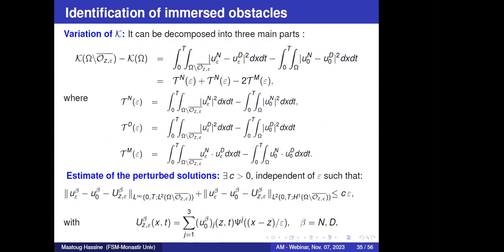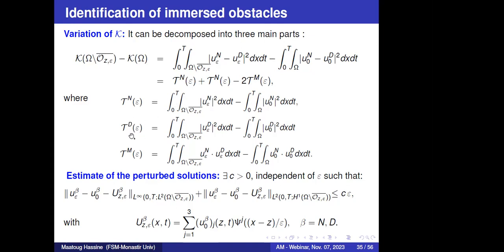By an application of the mathematical framework developed in the first part, the variation of the convolvulus function can be decomposed into three main terms. The first one is related to the velocity field solution to the Neumann perturbed Navier-Stokes problem.